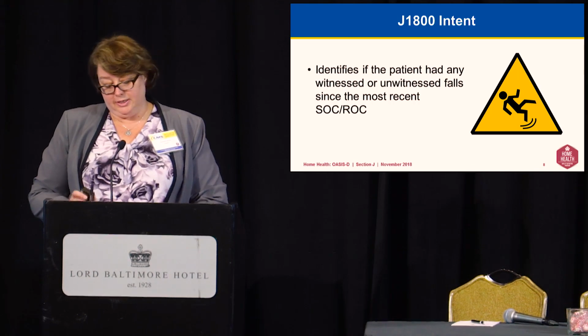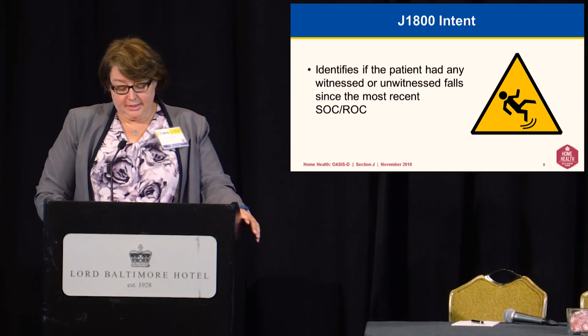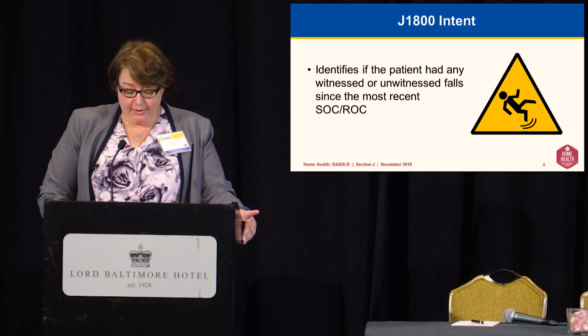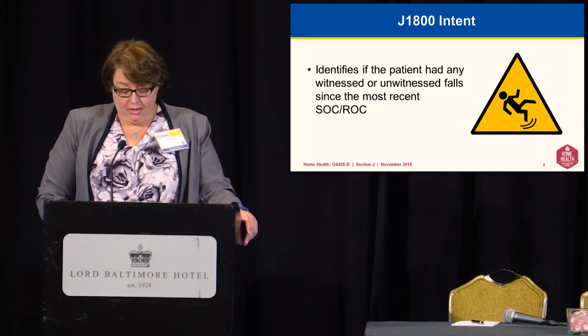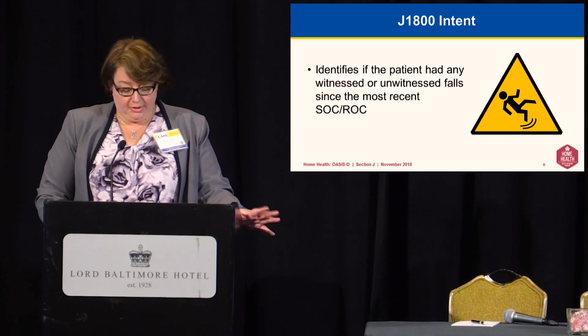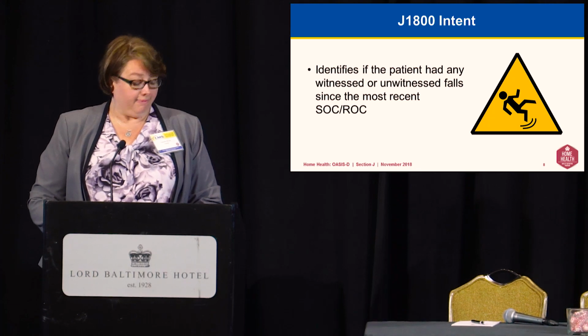So let's look at the item intent for J1800. The intent is to identify if the patient had any witnessed or unwitnessed falls since the most recent start of care, resumption of care. I think this is a good time to define some of the concepts within this element. Let's start with the word falls.